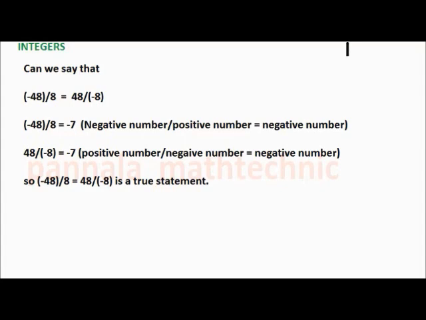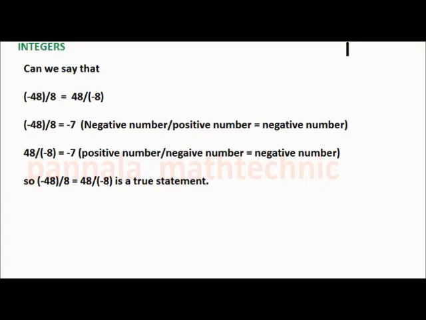Observe this statement. Is it true that minus 48 divided by 8 is equal to 48 divided by minus 8? So minus 48 divided by 8 results in minus 6. A negative number divided by a positive number results in a negative number.